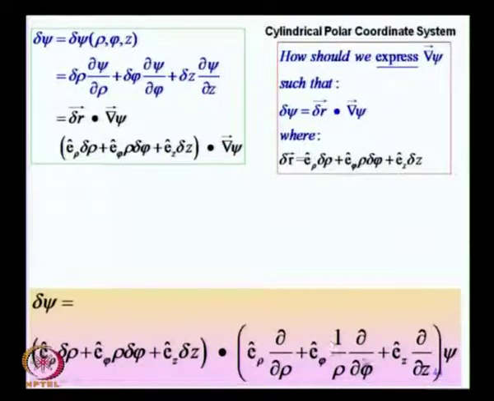From here you get del psi by del phi divided by 1 over rho times rho delta phi. So the rho will cancel and you will be left with delta phi times del psi by del phi. You cannot have anything other than this over here, because only this term will give you the correct delta phi del psi by del phi to come here, nothing else.